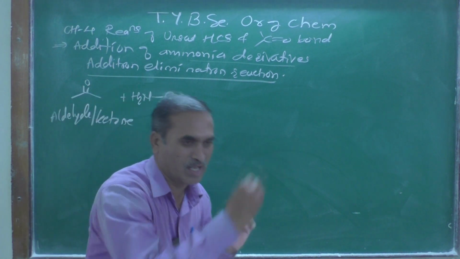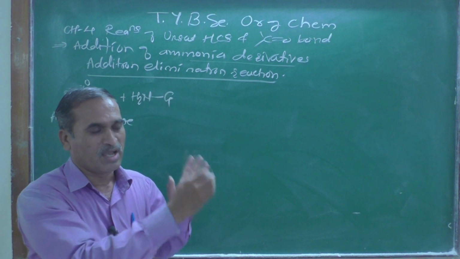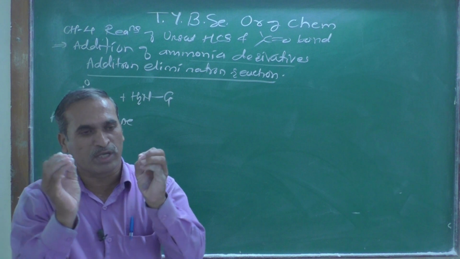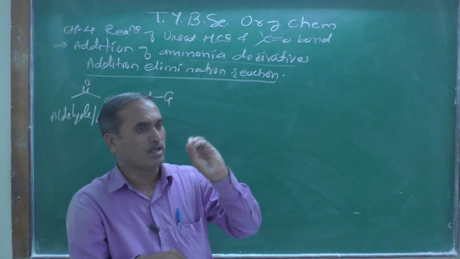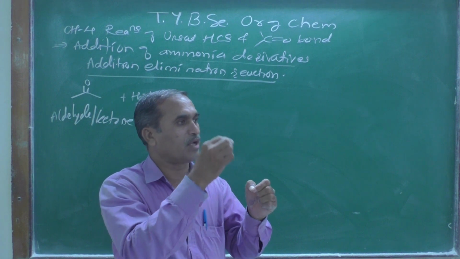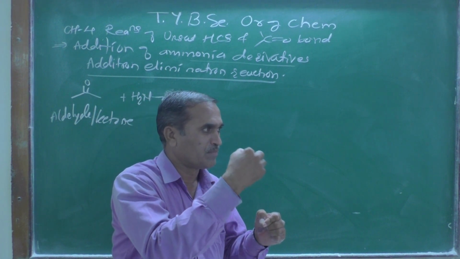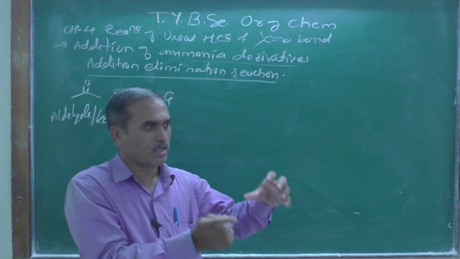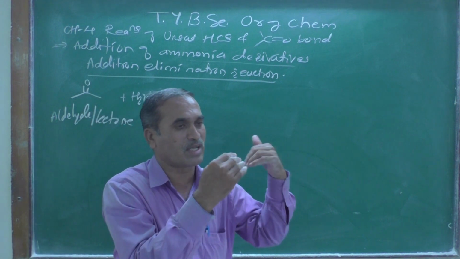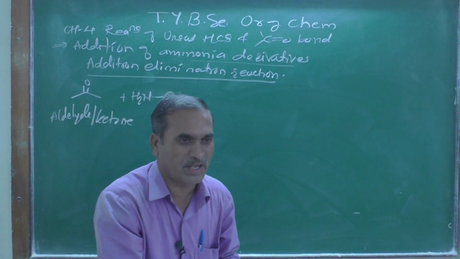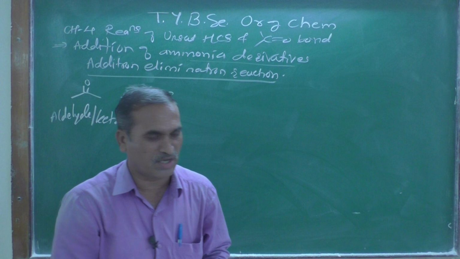There is a scale, the pH scale, from 0 to 14. From that we come to know the nature of the solvent, or the medium, whether it is acidic, neutral, or basic in nature.